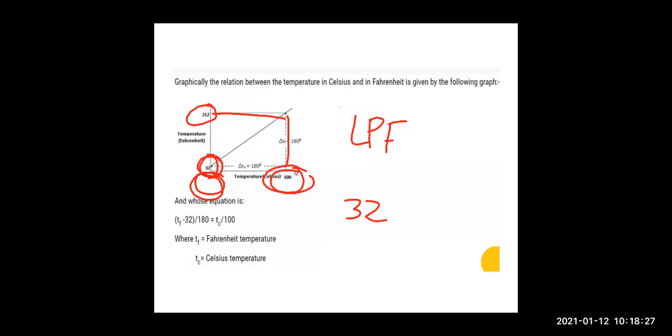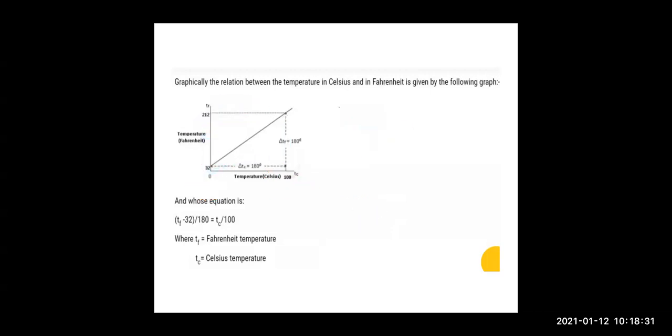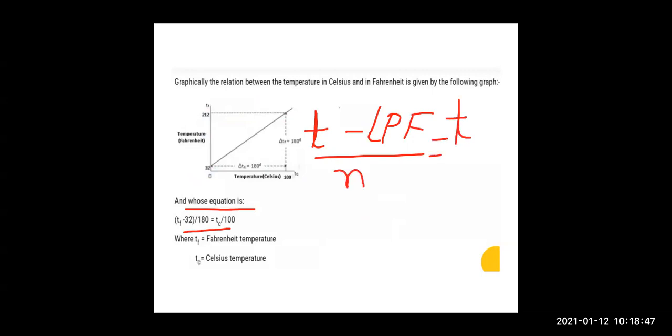Right, children? So if you find the equation from this, it will be: temperature minus lower fixed point, upon the total number of divisions, equal to temperature minus lower fixed point upon total divisions.